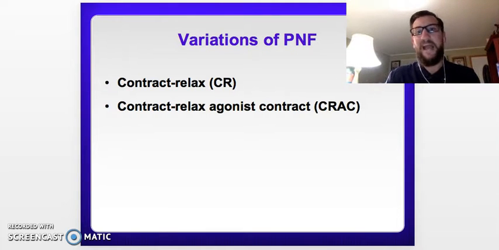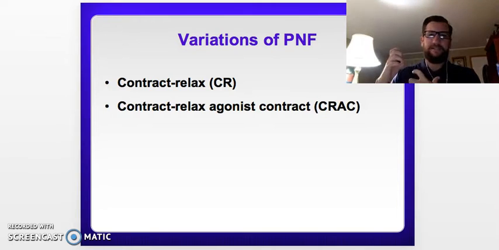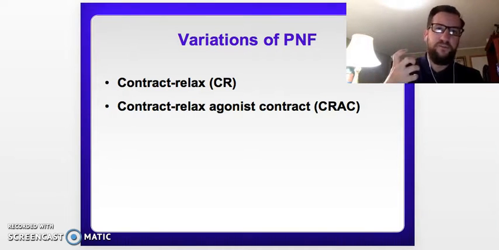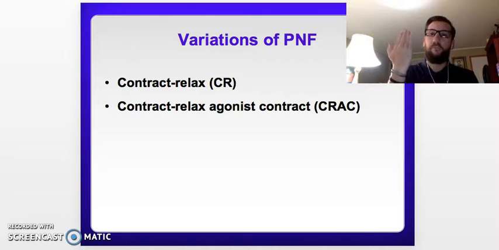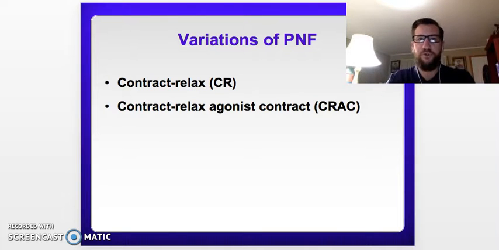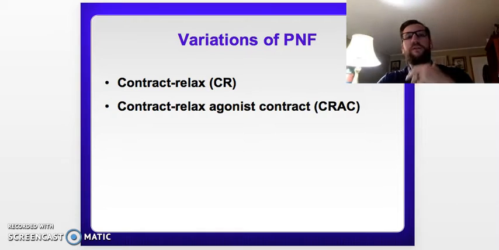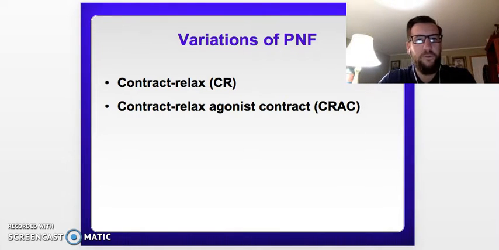Contract, relax, agonist contract is pretty much the same thing, where we're going contract, relax, and then when they relax, I'm pushing them into a further range of motion, as well as they are pulling into that same range of motion to train that agonist to be able to pull further and further. So both are great variations on PNF stretching, and PNF is a fantastic way to help stretch into a further range of motion than you normally would be able to reach.